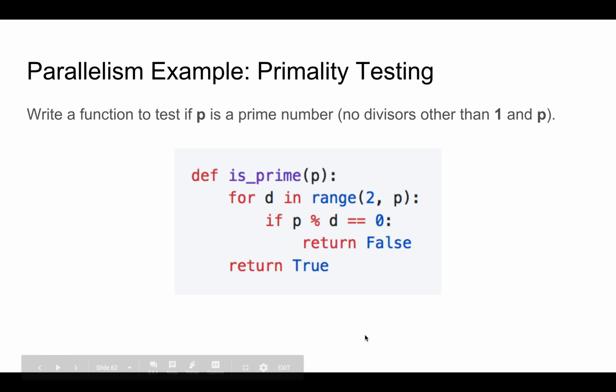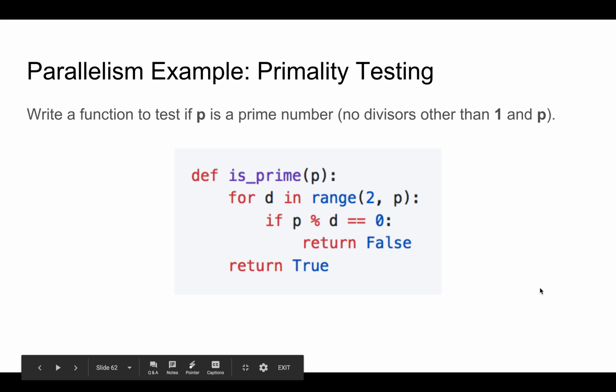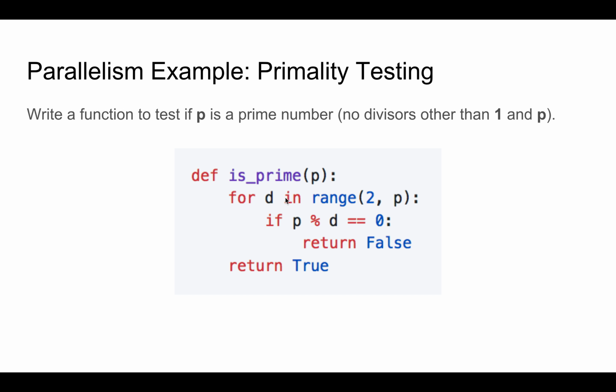So here's an example of one way to do it. It's certainly not the most efficient way. But basically we loop through all the possible divisors of the prime number, and for each possible divisor we compute p mod d, and if this equality holds, then that means d divides p, and therefore p is not prime, so we return false.